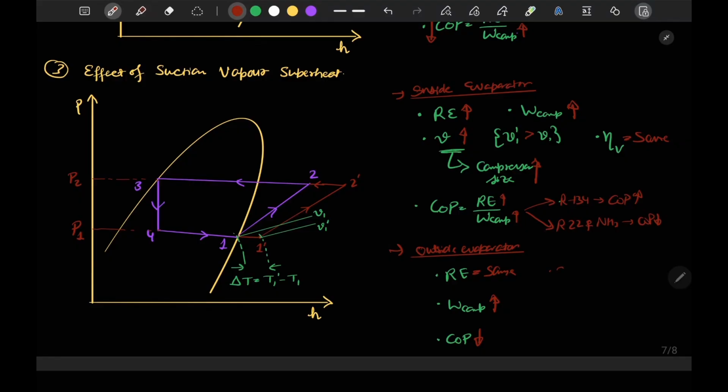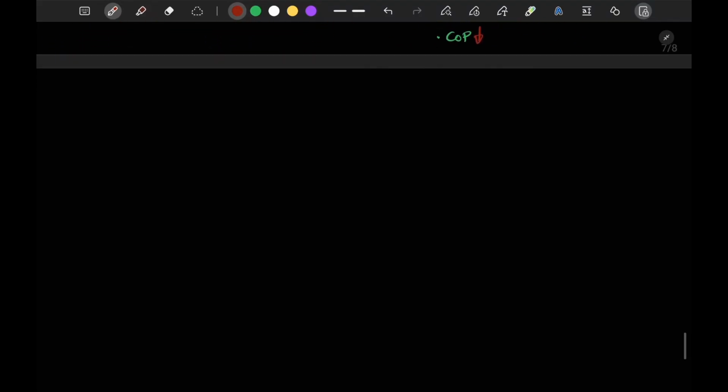Like above, specific volume will increase in this case also, and so will the compressor size. Volumetric efficiency in this case will also remain the same. So this is our third condition, the effect of suction vapor superheat. Now the next operating condition which we can vary, the fourth one, is the effect of liquid subcooling.